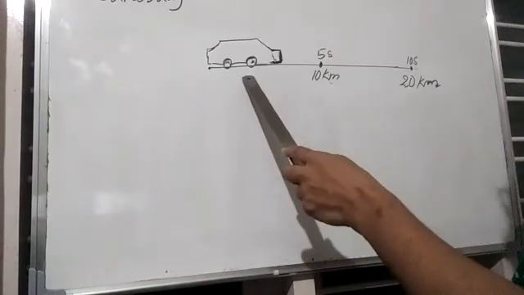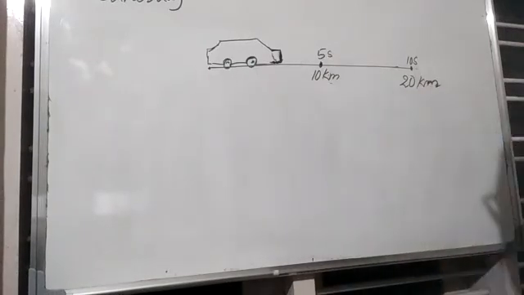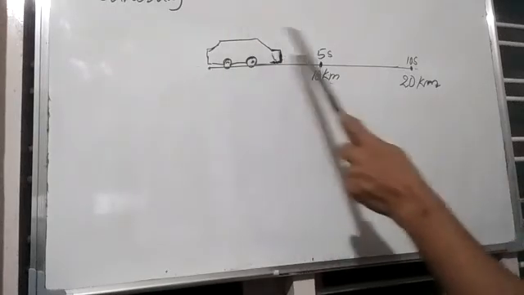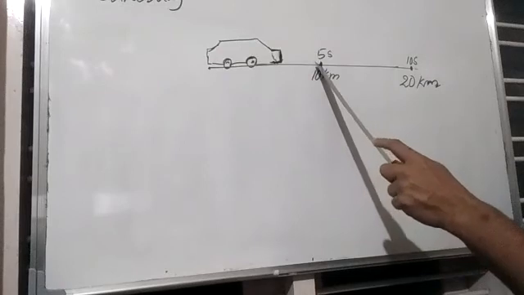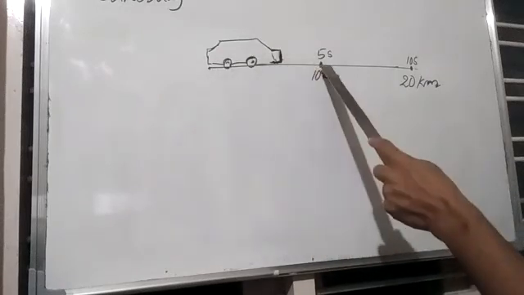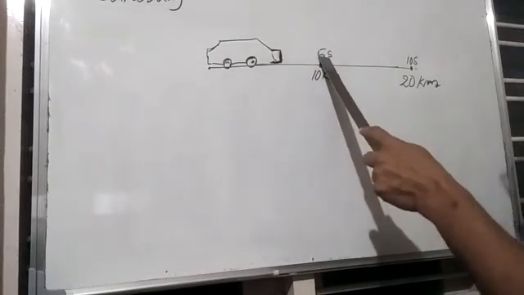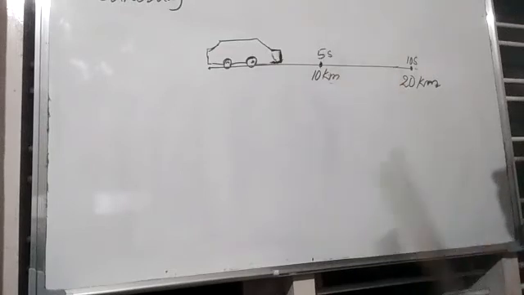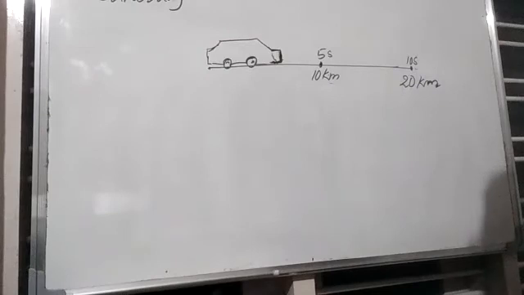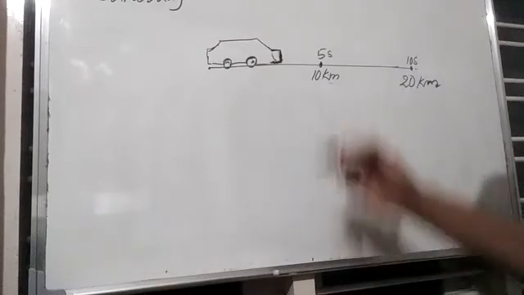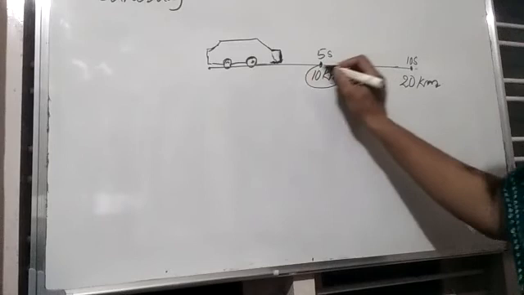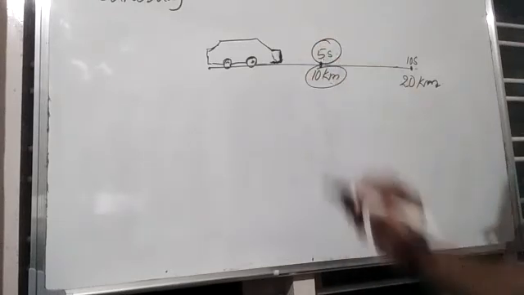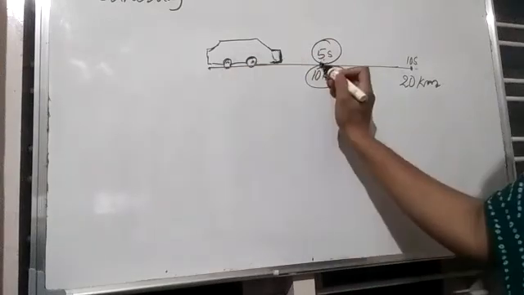Now you can see a car moving on a straight road. From the origin, this car covers 10 kilometer from the starting position in 5 seconds. So, if we divide this distance travelled by the time taken, the path length is 10 kilometer.